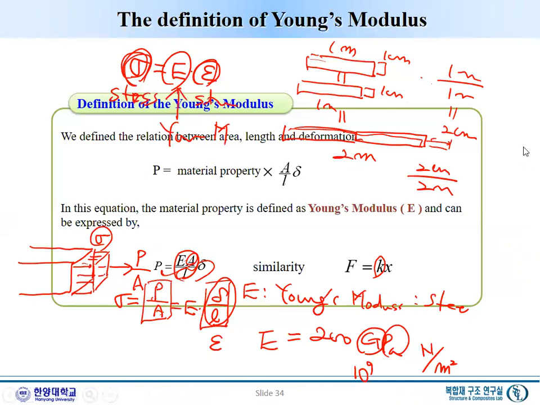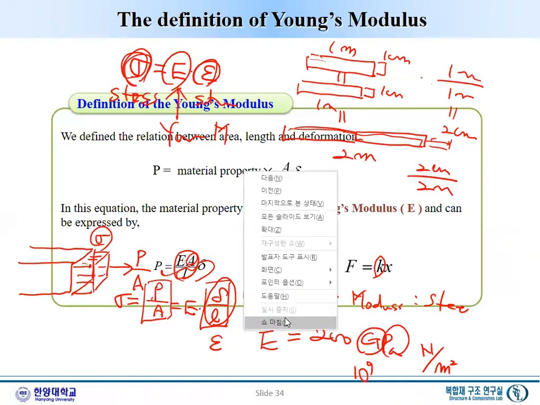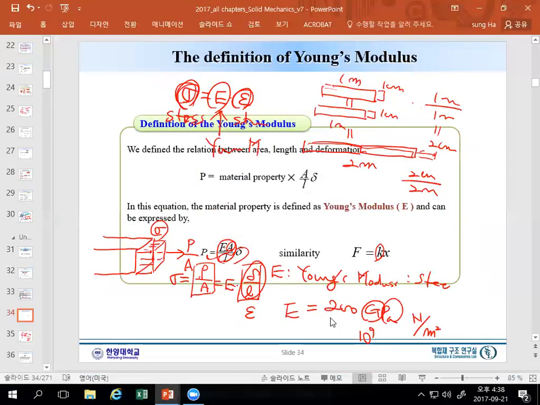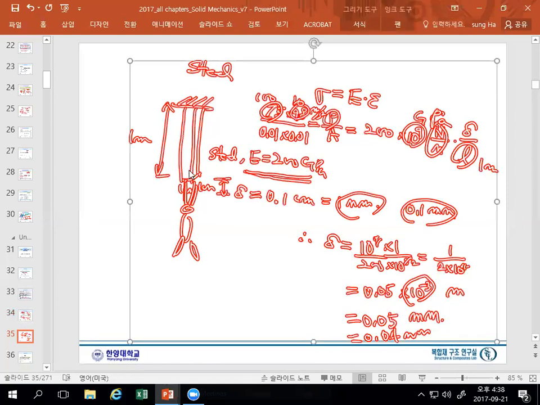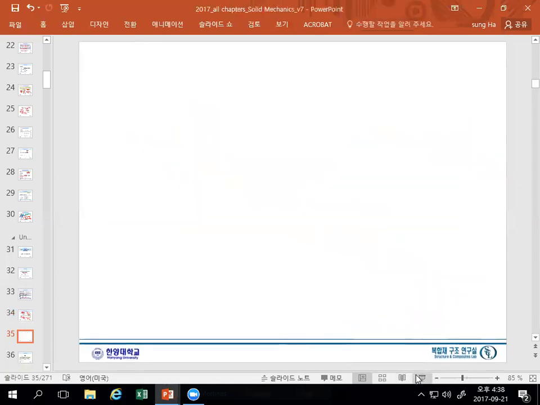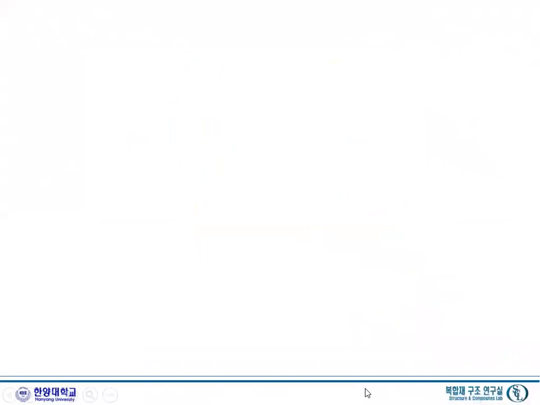Now, I'd like to spend a little time on what 200 gigapascal is. You see, 200 gigapascal. How big is it? So we will do some experiment.